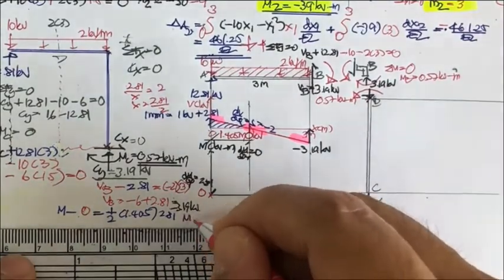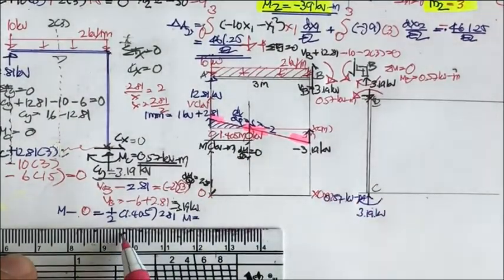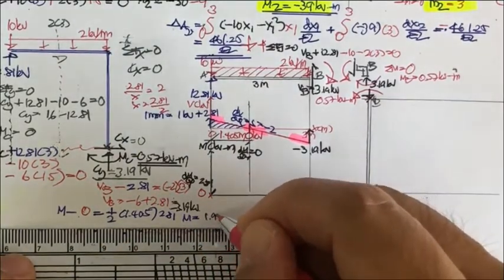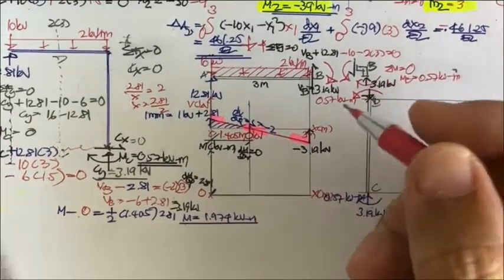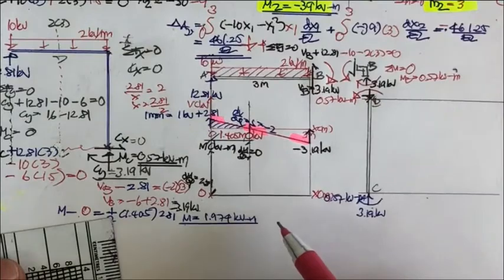Okay, and then you will have the moment of this 1.974 kilonewton meter.